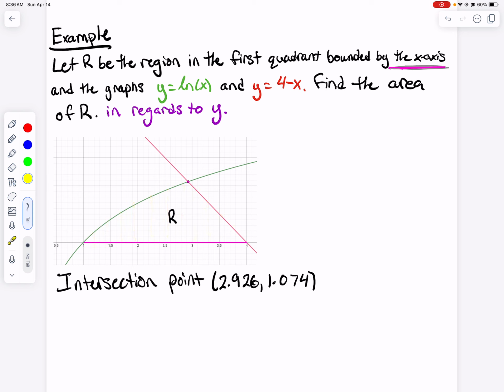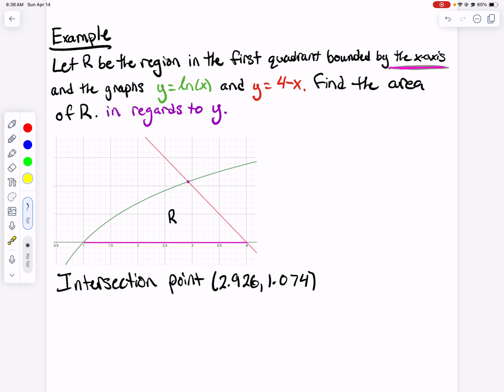You don't. There's no top curve. If I split it in half right here at this point, this would be my top curve, and y equals 0 would be my bottom one. And then on this side, it would be y equals 4 minus x, the red curve, over y equals 0 again. So it doesn't necessarily work for us there.